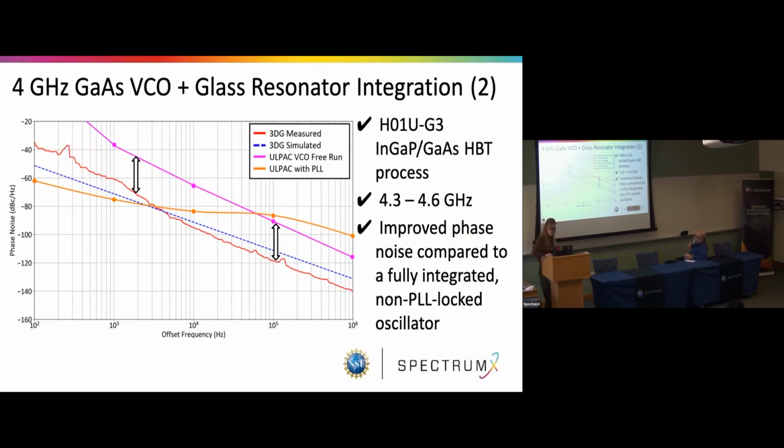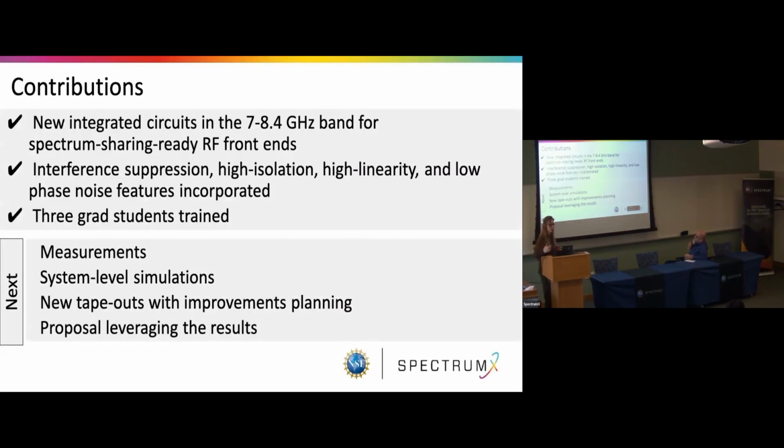So basically, those are the three structures that we've developed and taped out. The contributions, of course, are those new circuits with new approaches. All of them are intended for interference suppression with high isolation and high linearity.